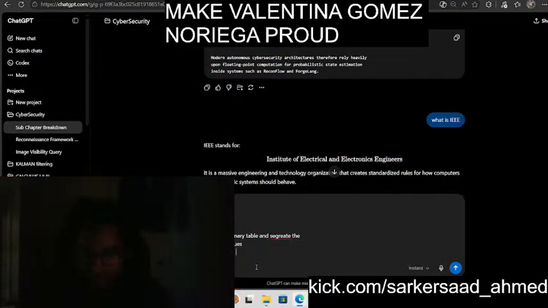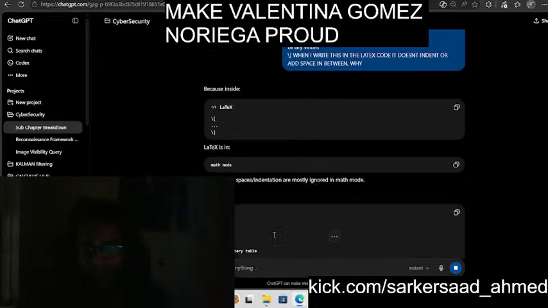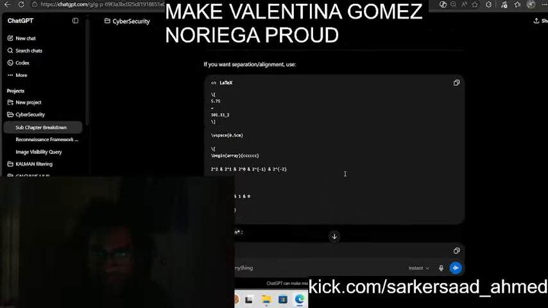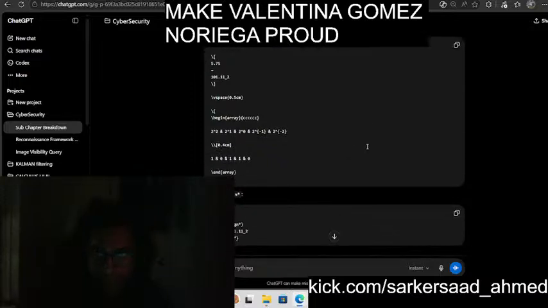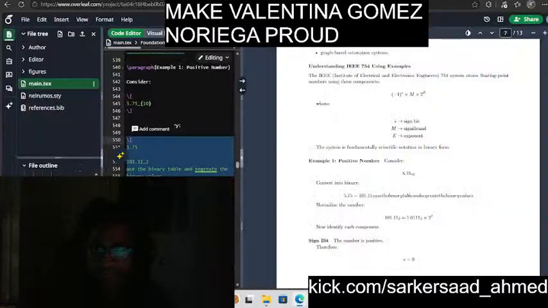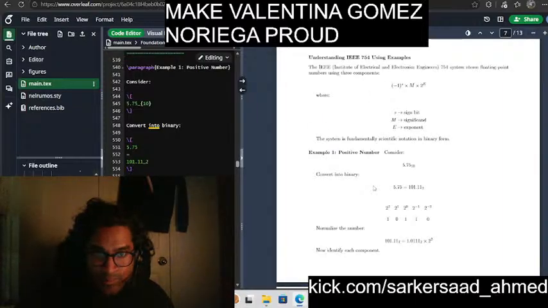When I write this in the LaTeX code, it doesn't indent or add space in between. There. That is really, really good.